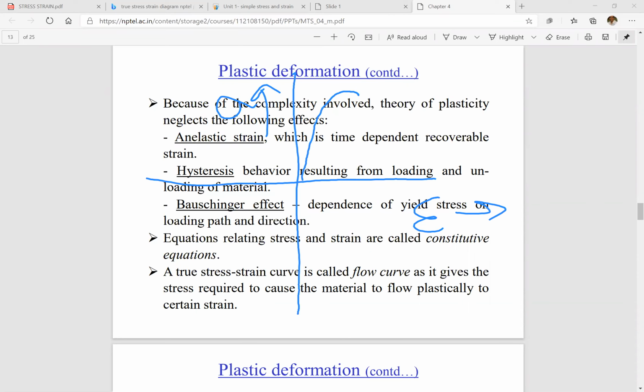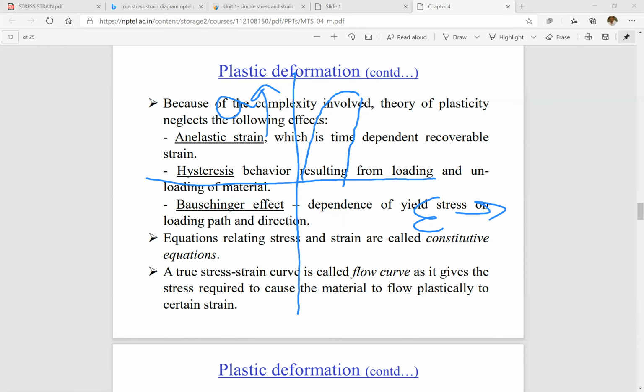This is not the way the material will go back to its original position. When you remove the load, the material will come back to the original position in that way.